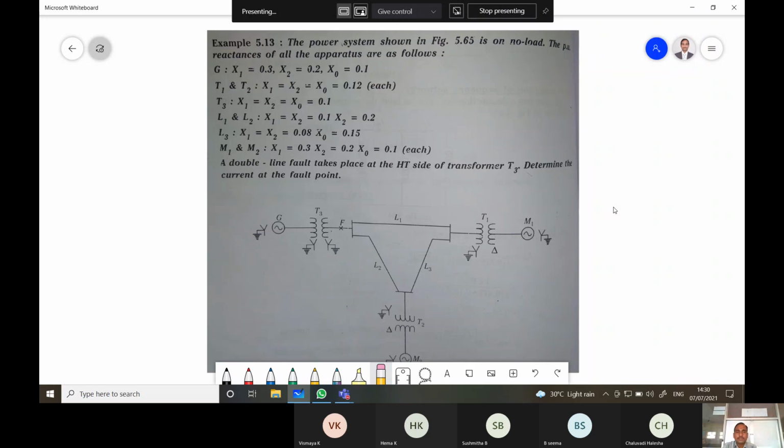The per unit reactances of all the apparatus are as follows. For generator, X1 is given, that is 0.3.